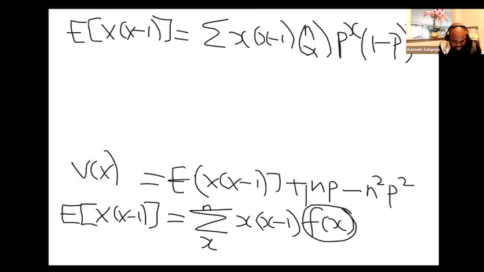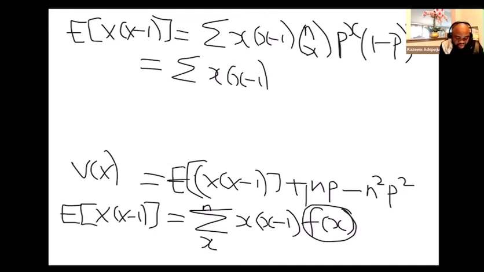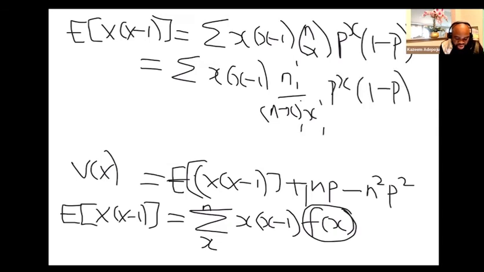Now, when I have this, I'm actually going to have summation x into x minus 1, which is n factorial divided by n minus x factorial, p raised to power x, 1 minus p raised to power n minus x. Since I have x into x minus 1, I can rewrite this.